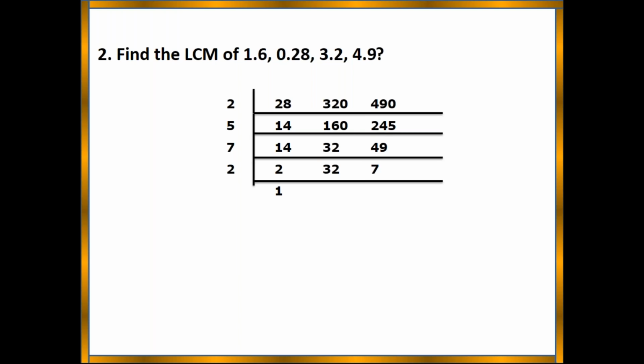You have to take 2 again, 2 1s are 2, 2 16s are 32, 7 as it is, because 7 is not a multiple. What is the answer? Multiply all the factors. 15680, sir. Good. LCM of the given numbers is equal to 2 into 5 into 7 into 2 into 1 into 16 into 7.